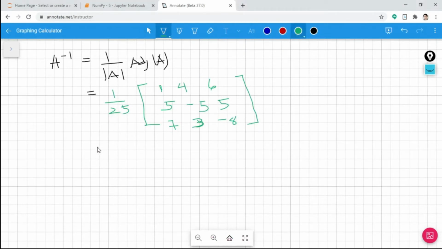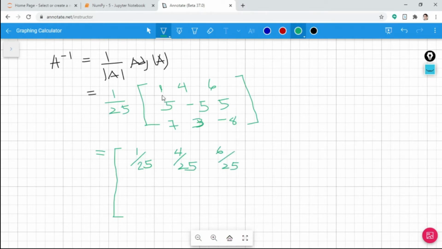So we multiply this one. The first row is 1 over 25, 4 over 25, and 6 over 25.